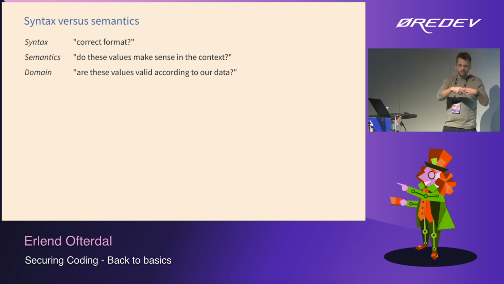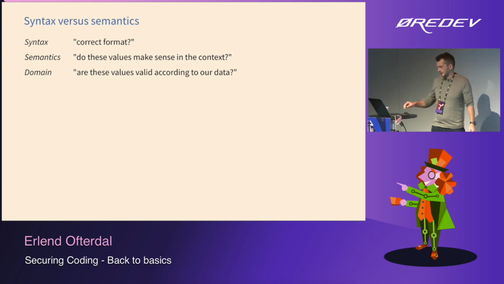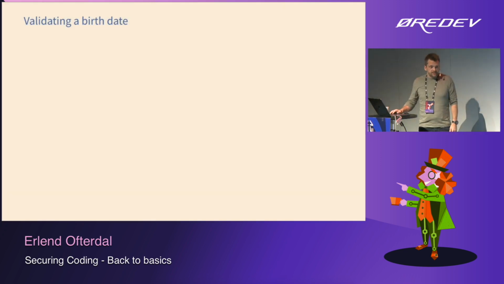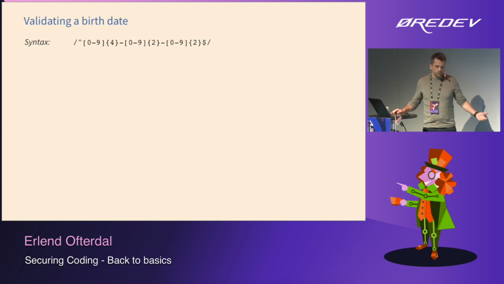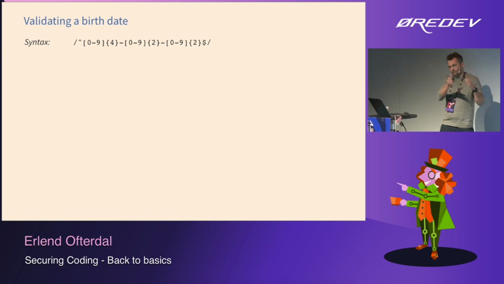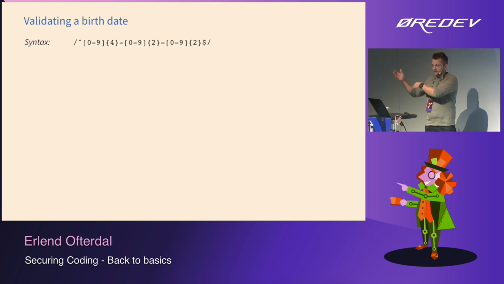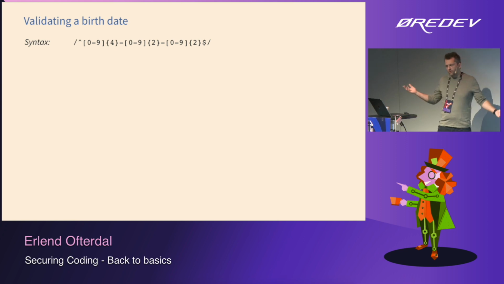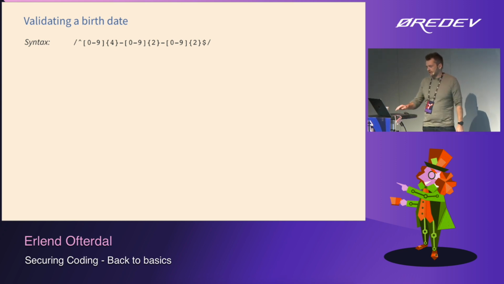This could mean we have to look something up in a database to see if this is a valid ID, for instance. It's easy when you get started, like validating a date of birth. We could start with something simple and say it needs to be 4 numbers, then 2 numbers, and then 2 numbers. But now we're allowing something like 999 as a year, and that doesn't make sense.